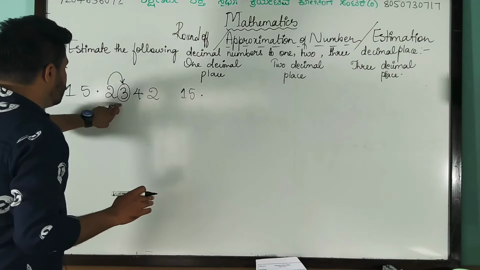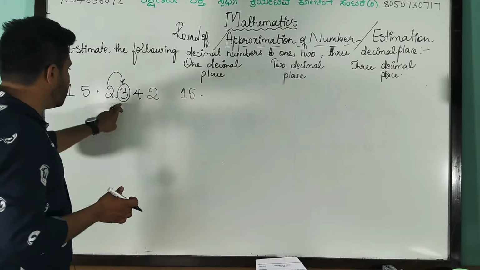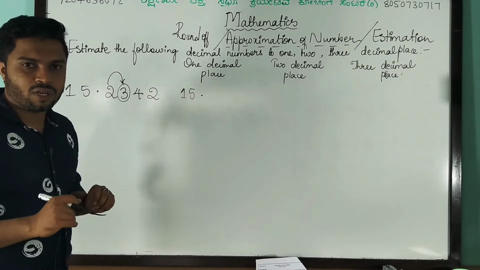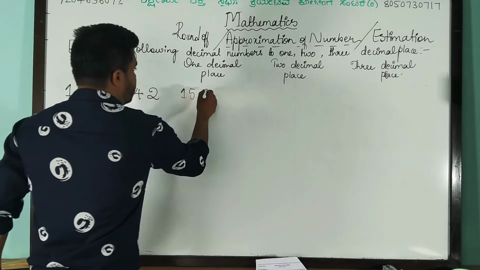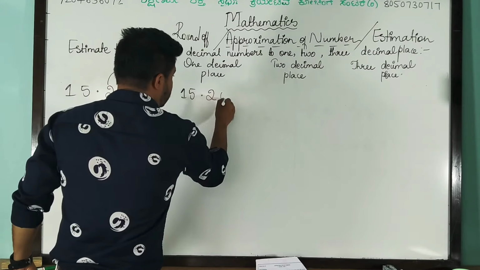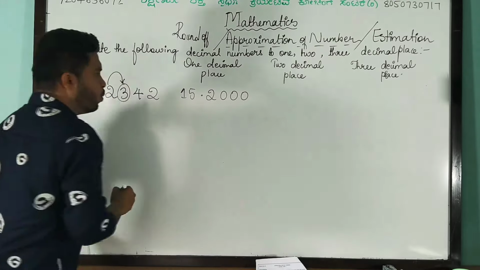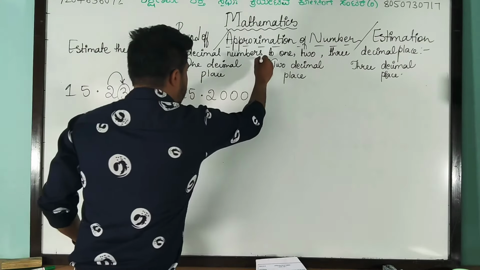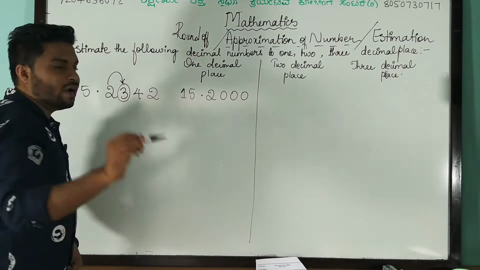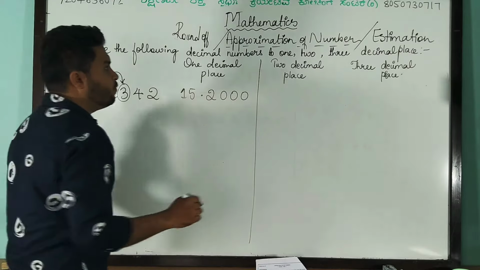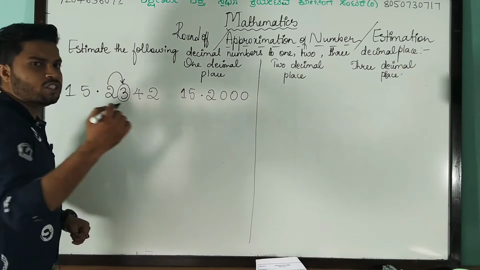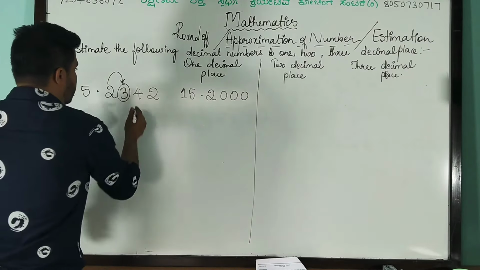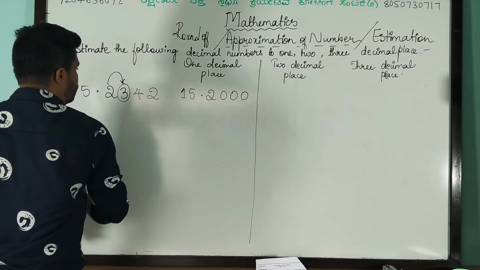Done. Yes. So here you have 1 decimal place, this becomes 3. You have 3, it is less than 5, and these will be as it is, and these numbers will become 0. Done. This is for 1 decimal place. Check it out for 2 decimal places now. Where is 2 now? 2 decimal places, 1, 2.